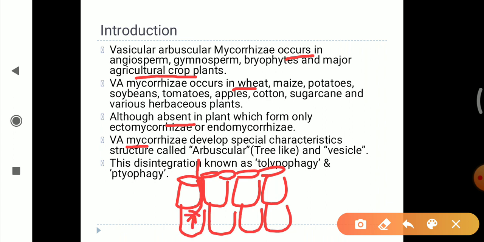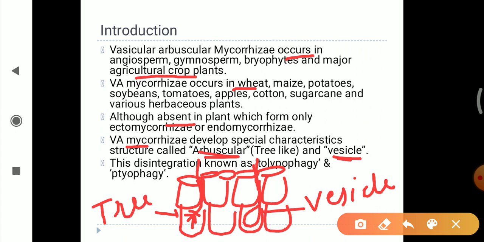This is the arbuscular structure, which means a tree-like structure, and it also forms a vesicle-like structure. This is the vesicle-like structure. This is tree-like, known as the arbuscular structure. VA mycorrhiza develops special characteristic structures, arbuscules and vesicles. Vesicle-like structure means a balloon-like structure.